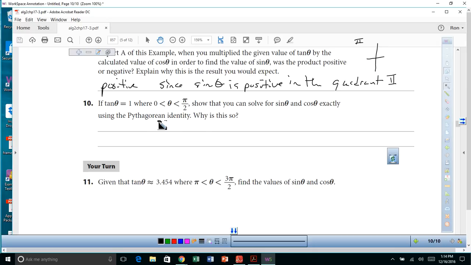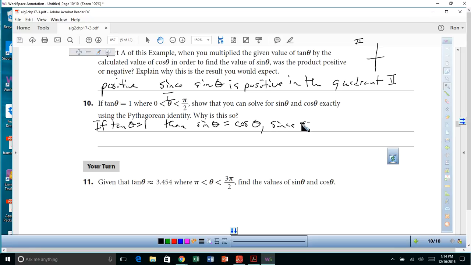Number 10. If tangent theta equals 1, where theta is between 0 and pi over 2, so that's going to be quadrant 1. All right. Show that you can solve for sine theta and cosine theta exactly using the Pythagorean identity. Why is this so? Okay. If tangent theta equals 1, then sine theta equals cosine theta, right?